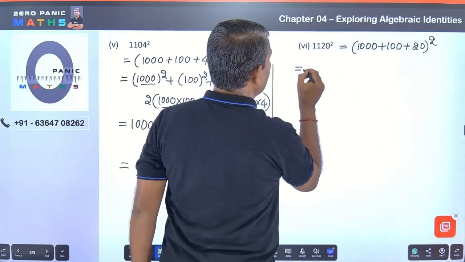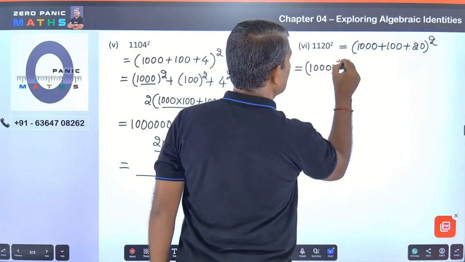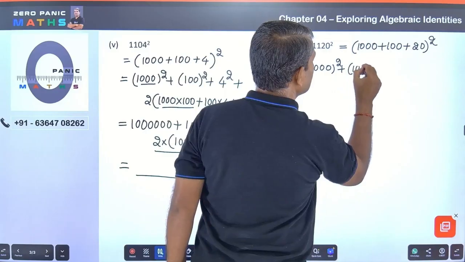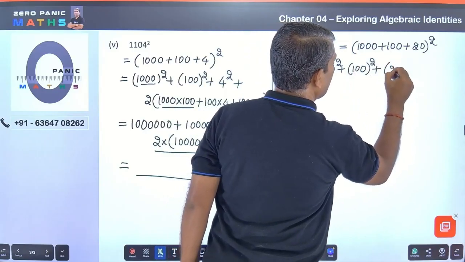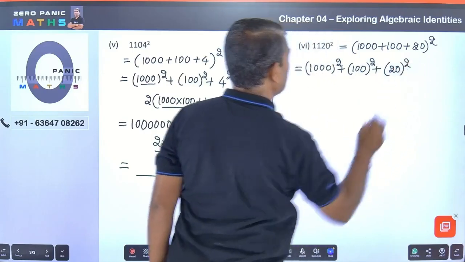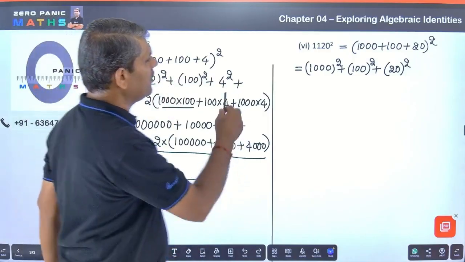Now write a square, that is 1000 square, as in the previous example. b square is 100 square and c square is 20 square instead of 4 square over there. It is the exact similar problem as compared to the previous problem.